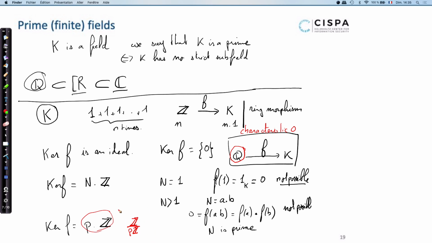And we will say that the field k has characteristic p. Good.